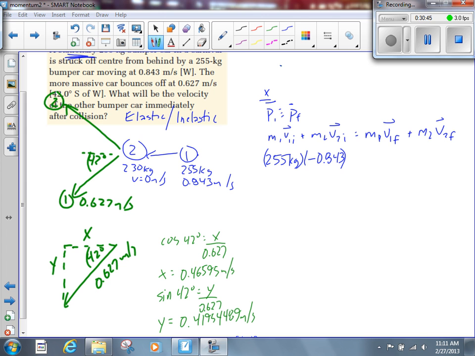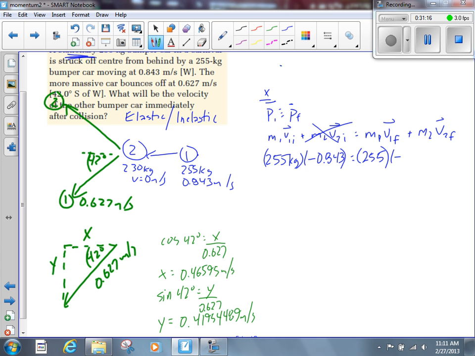M2 is a value of 230, V2i is 0, so let's just cross that off. M1 is, again, 255. All of you people not writing right now, tell me what the value of V1F is. What's the value of V1F, Tom? Good. But we're going to make it negative because it's acting to the left here.